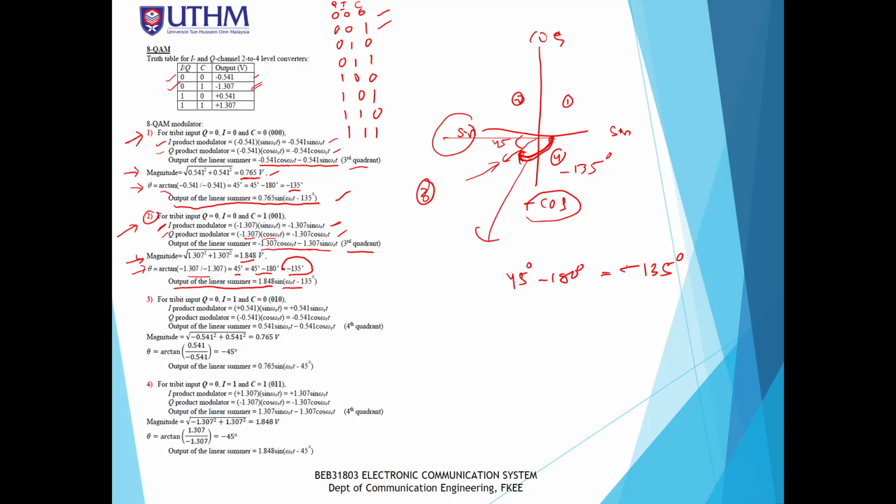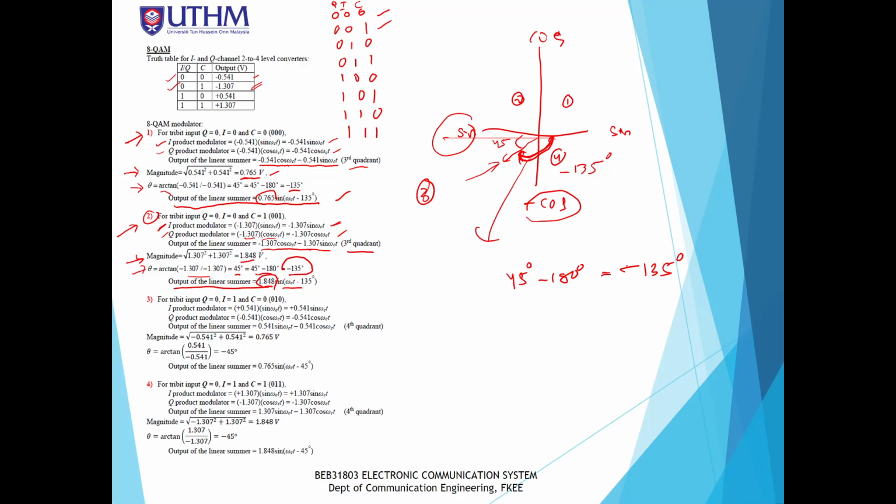Okay, so based on both of these inputs, you see that for the same angle, there are two different levels of amplitude. For this same angle, minus 135 degrees, we have two possibilities of output. The first one is 0.765. The second one is 1.848.